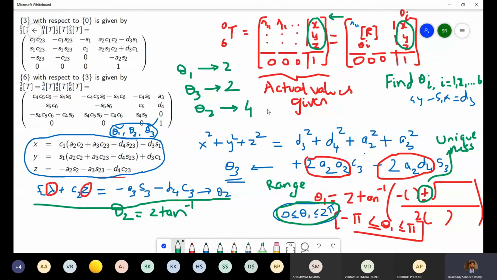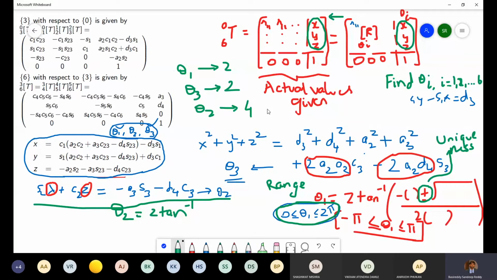So including all possible sets of values, whether they are merged or not, total will certainly get 8, irrespective of what happens with theta 4, theta 5 and theta 6. So 8 are minimum there.